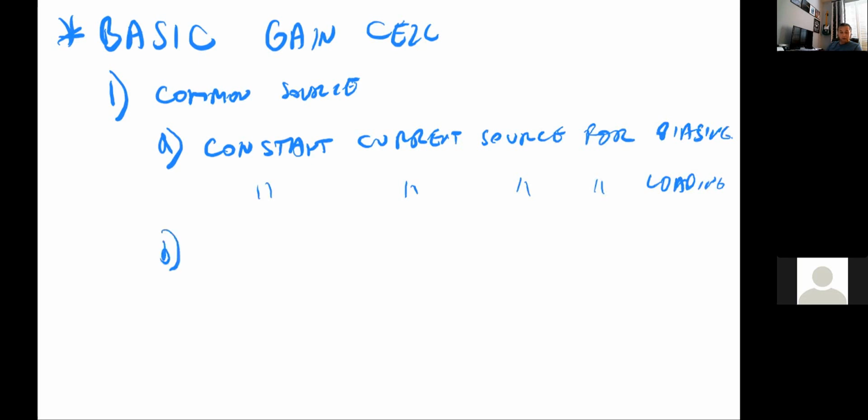Since we need high gain for this basic gain cell, the loading current source is going to have a large output resistance, which we need for high gain. That's one of the characteristics of this basic gain cell.